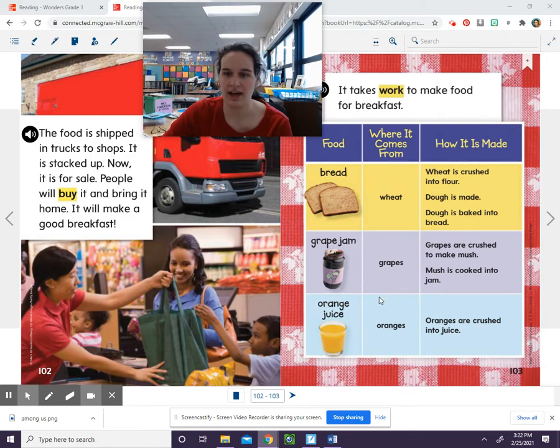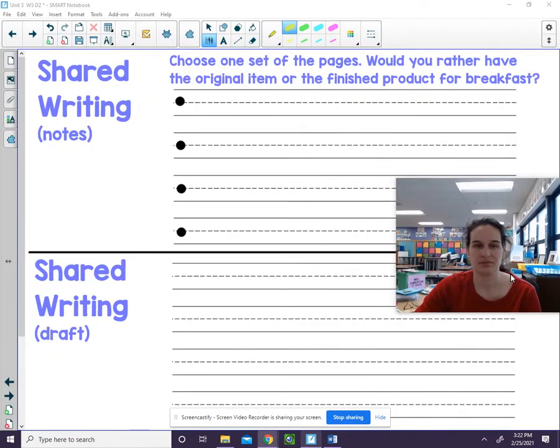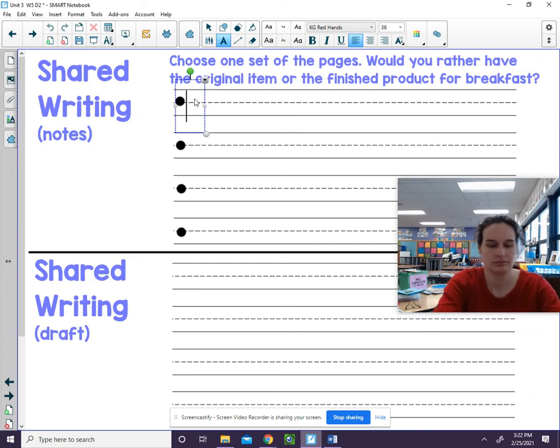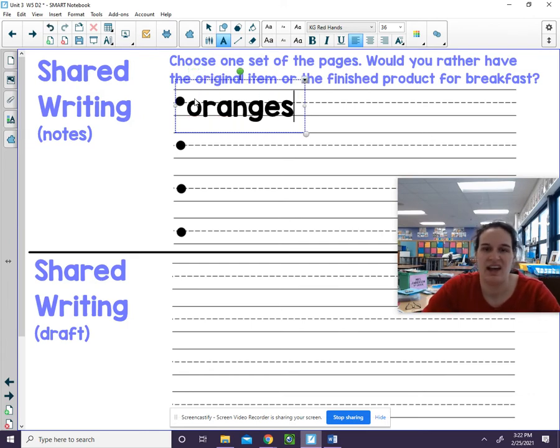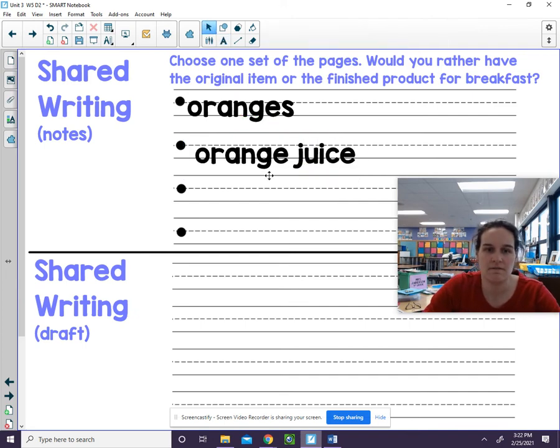So let's go ahead and use those ideas here. So we chose the oranges page, so we're going to write oranges down. And we're going to say if we want oranges or orange juice. And we're going to use a fact from the story.